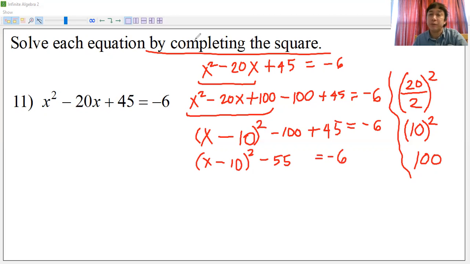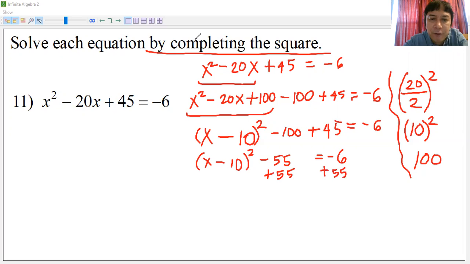To continue, we will isolate the term with the parentheses, because that actually has the x variable. In doing that, we're going to add 55 to both sides. So add 55 and add 55 at the right, like that.